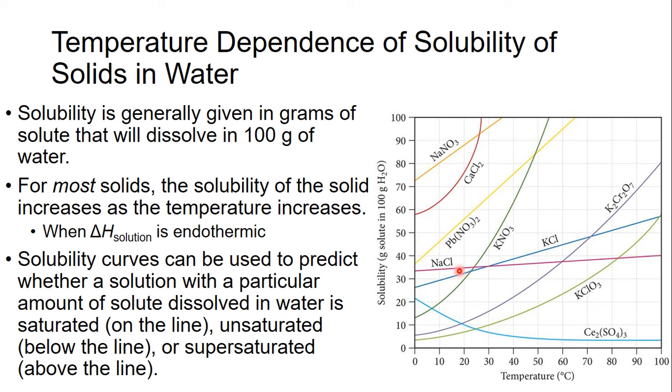At 20 degrees, we can dissolve roughly 35 grams of sodium chloride for every 100 grams of water. If we dissolve 40 grams of salt at 20 degrees, our solution is supersaturated. If we dissolve only 30 grams at 20 degrees, we are unsaturated, while if we dissolve exactly 35 grams, we are saturated. That is what these different lines can tell us.